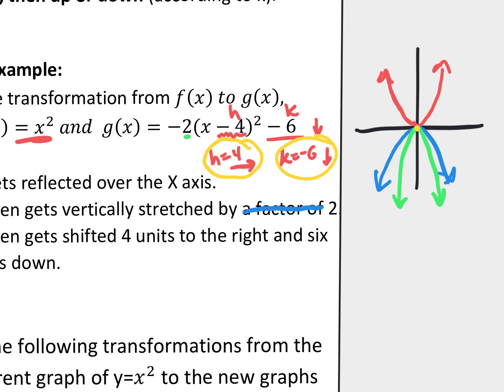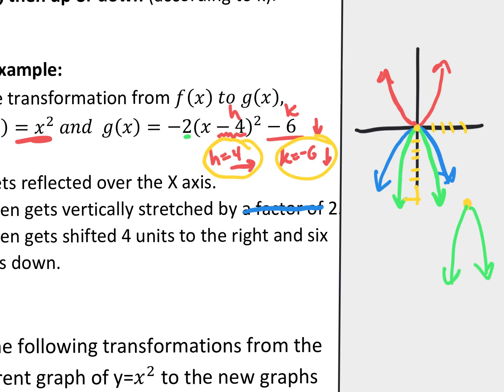So this original vertex on the green narrower graph, it's going to go 4 to the right, 1, 2, 3, 4, and 1, 2, 3, 4, 5, 6 down, right? So you're going to have your new dot over here, and it's still going to be that same exact narrow parabola, but opening down over there.